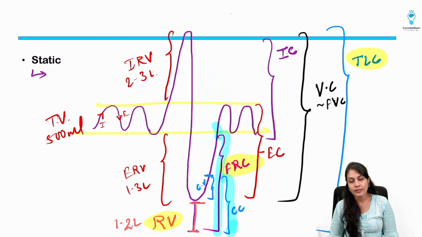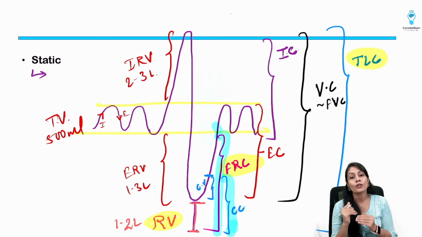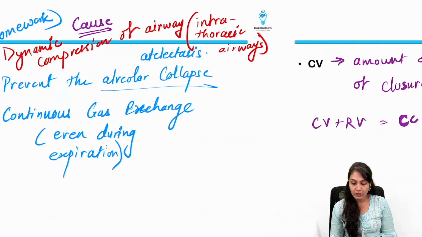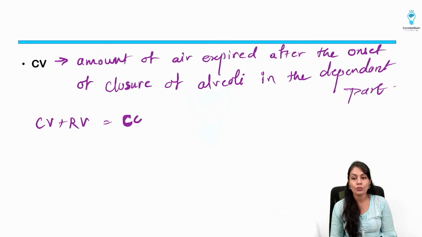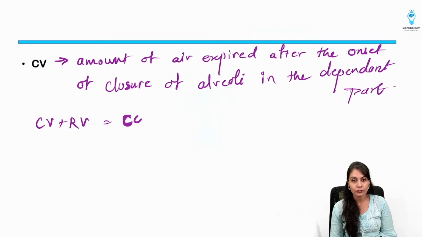But as soon as the age is increasing, in the progressive age and in the progressive diseases, this relationship is going to get closer, and even the closing capacity can be increased more than the FRC. This is quite possible. Okay, so that's why it is very important to know where the CV is and how this is occurring over here, right?